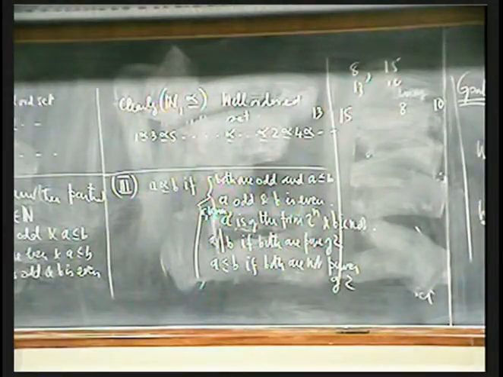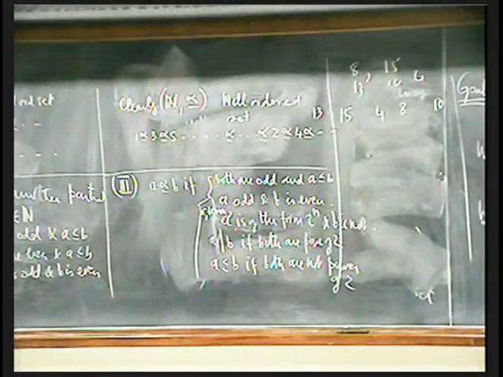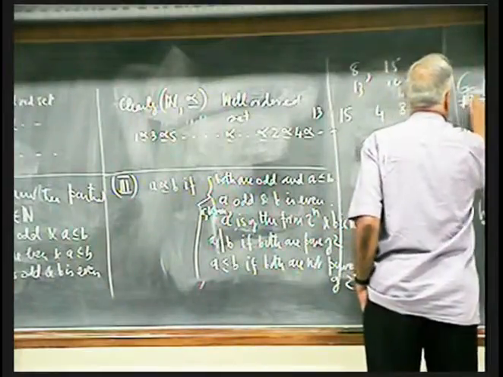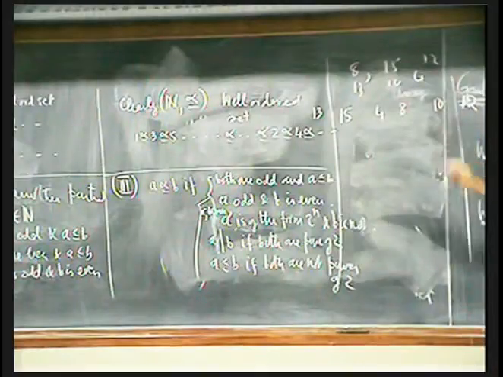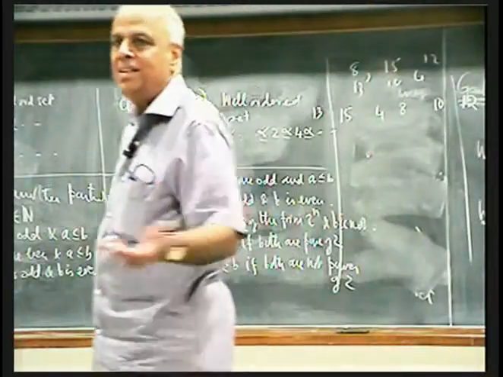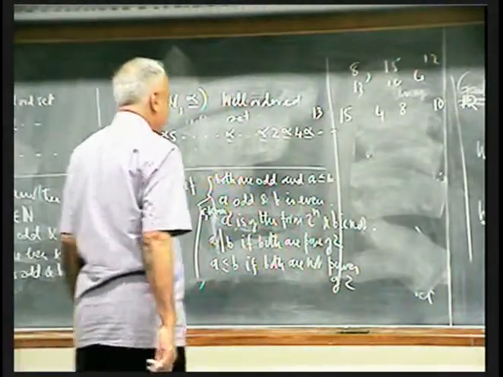And if I also want to put a 4, the 4 will come before 8. And if I want something like 12, 12 will go there because both are not powers of 2, both are even, so the smaller one comes first and the bigger one comes later. Is that order clear? So obviously, this is a well-ordering. It's a very peculiar order.